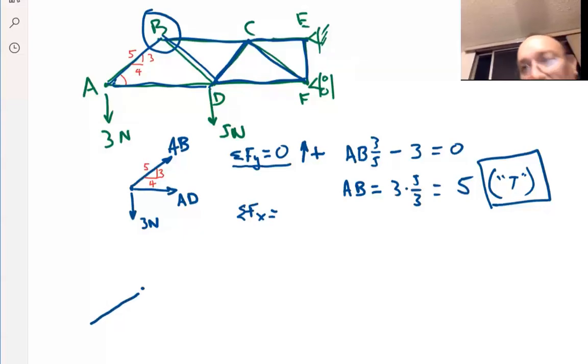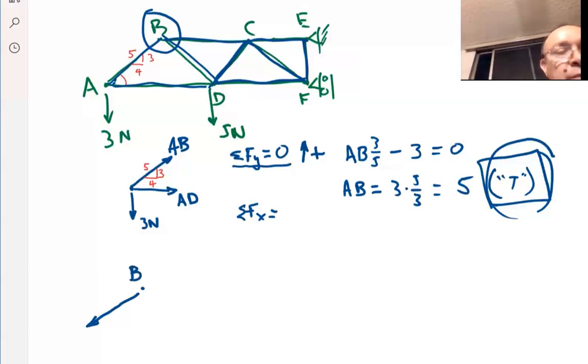And I already know it, and I know that it is tension, so I have to put it going away from the joint. This is B. And then I have another force here, and another force here. AB I know already, so I can put AB equals 5.